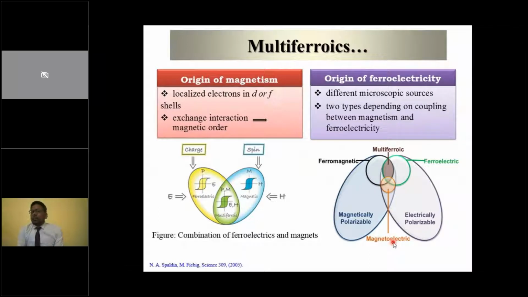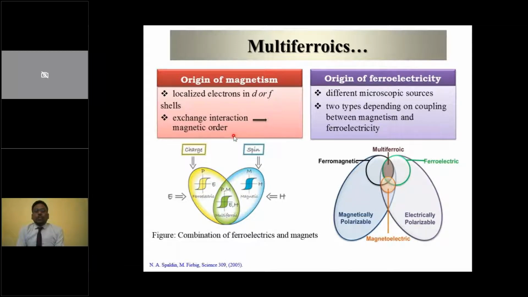Now, in the case of multiferroic materials, how does multiferroicity arise? Basically, bismuth ferrite shows antiferromagnetism and ferroelectricity together in a single phase. The magnetism basically comes from localized electrons in the d or f shell, as well as exchange interaction, which leads to magnetic ordering.